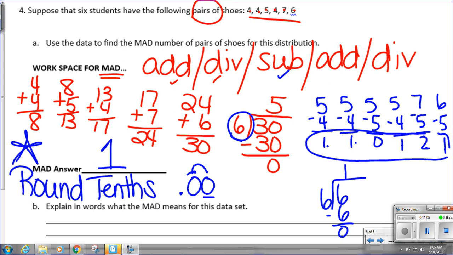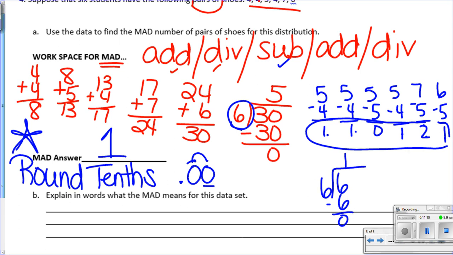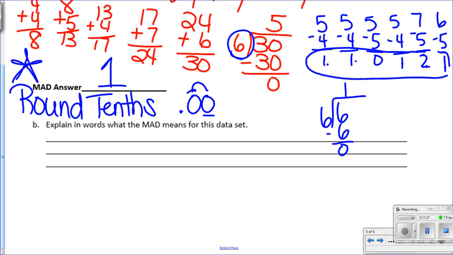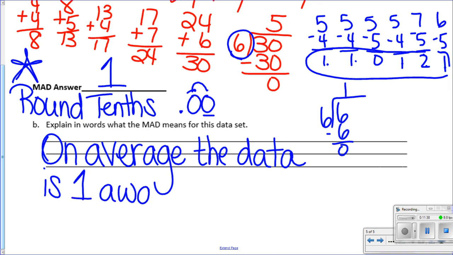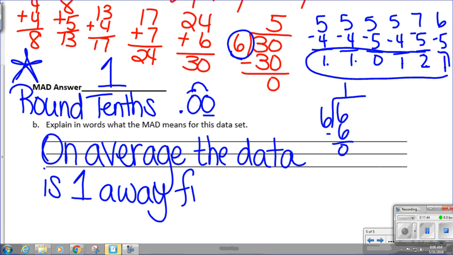Okay, this last statement you have to memorize. It's not how you find MAD. That's not what it's asking. It says explain in words what the MAD means for this data set. This is the statement you need to memorize. On average, the data is 1 away from the mean.